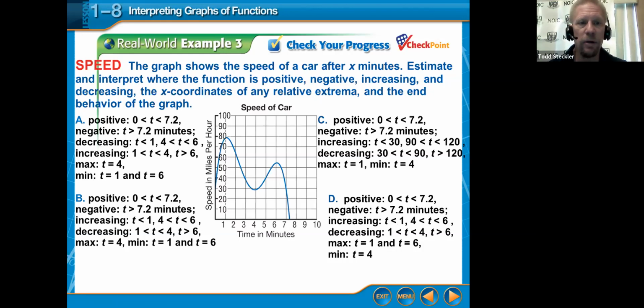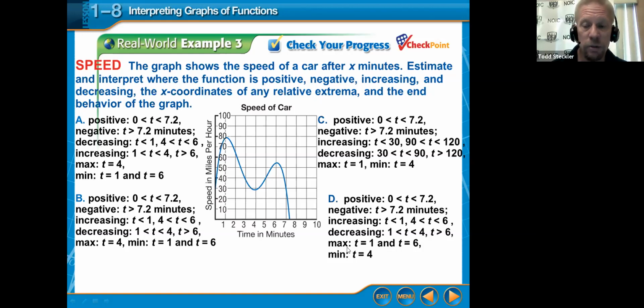Now let's talk about the x coordinates of any relative extrema. Right here at x equals 1, it looks like the graph is changing from increasing to decreasing. So at t equals 1, that would be a relative maximum. Letter B doesn't say that. Letter B says it's a relative minimum at t equals 1.